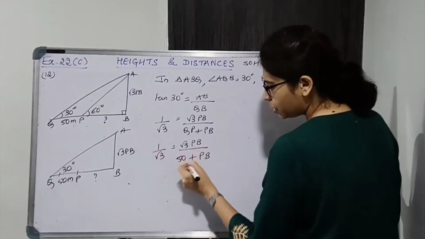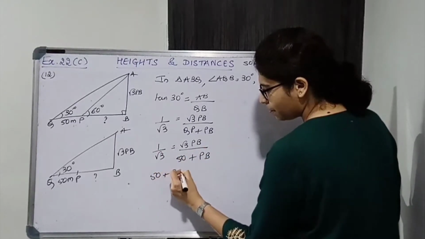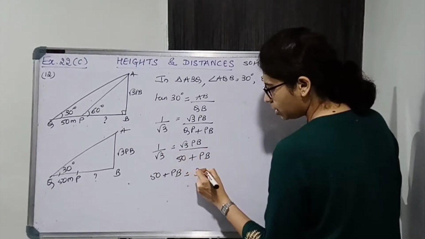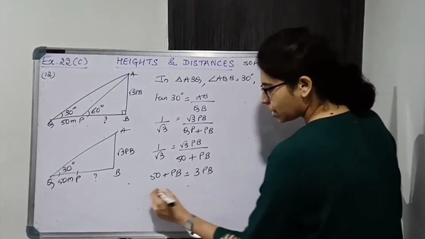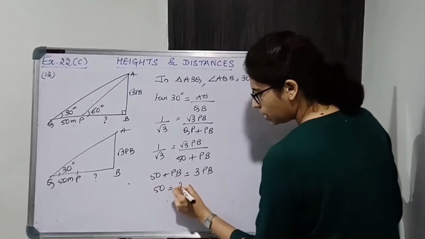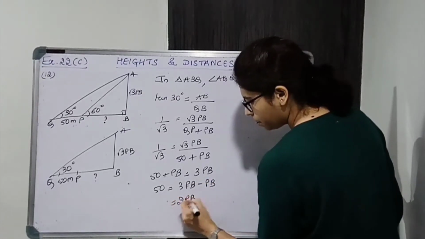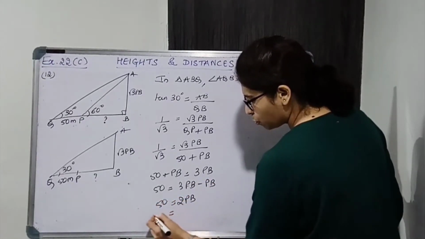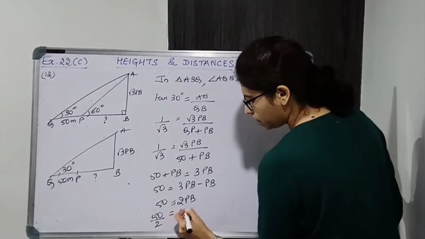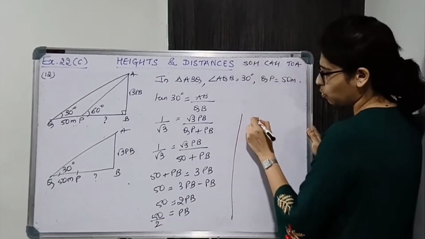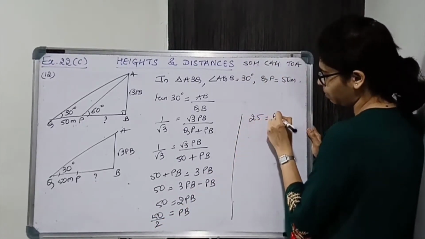So 1 into 50 plus PB will be 50 plus PB. √3 into √3 3 हो जाएगा. Okay, so 50 is equal to 3 PB minus PB. So हो जाएगा 2 PB equal to 50. So 50 upon 2 is equal to PB. So 25 is equal to PB.